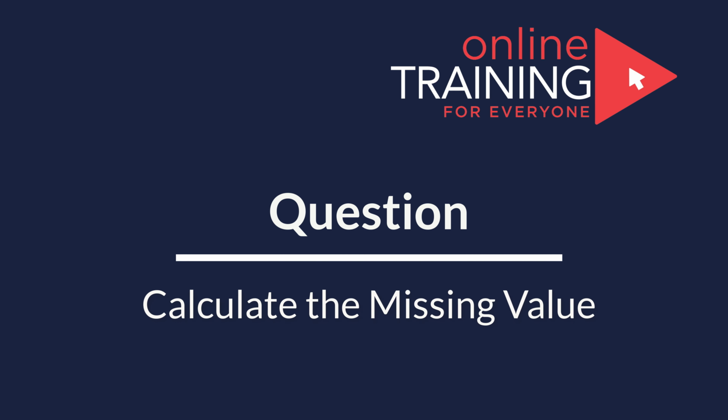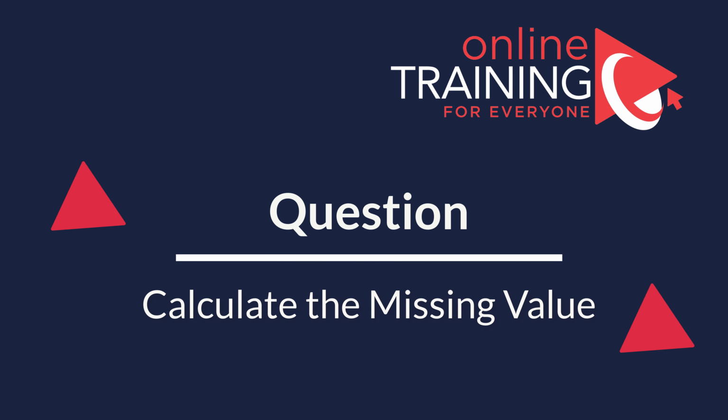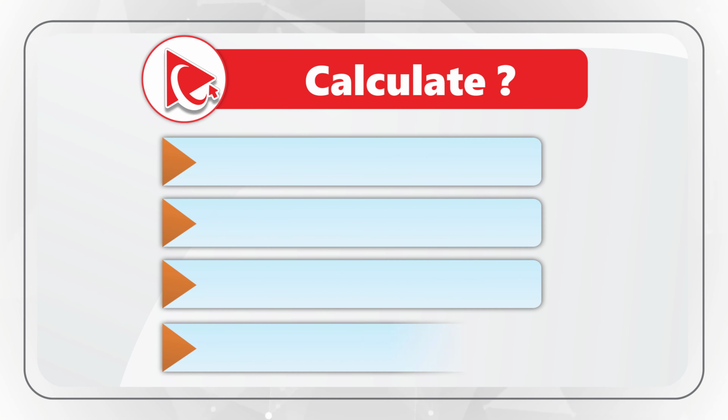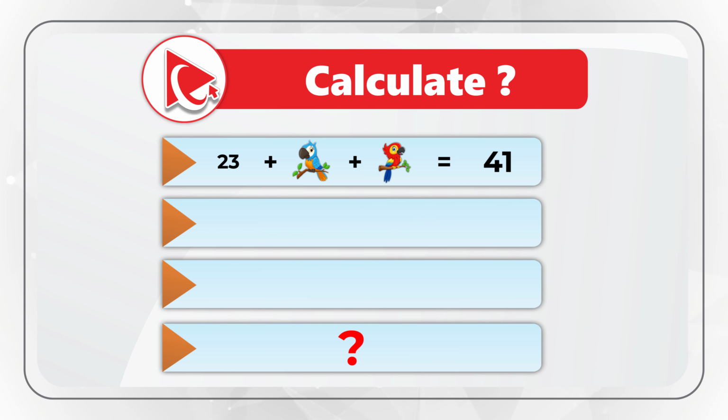One of my favorite questions is where you need to calculate the missing value. You're presented with 3 equations, and in the 4th equation, the result is missing. The first equation is 23 plus blue parrot plus red parrot equals 41. Second equation, 19 plus blue parrot equals 31.